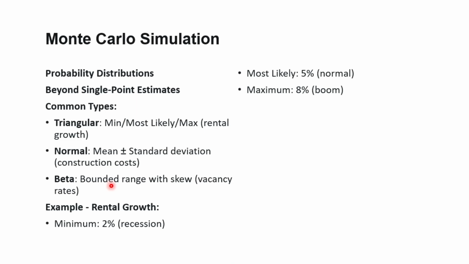The rental growth example illustrates the concept. Instead of assuming exactly 5% growth, we model a triangular distribution with 2% minimum recession, 5% most likely, and 8% maximum boom.